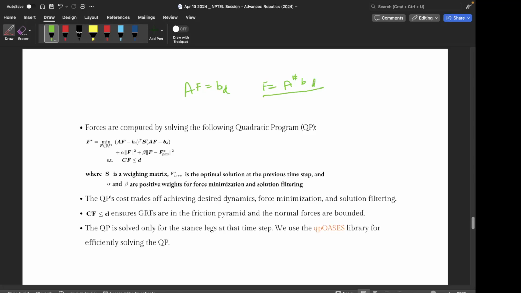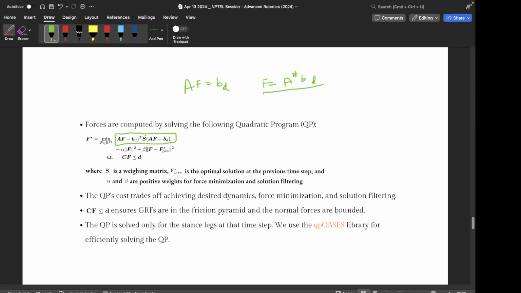This was one option, but in order to improve numerical stability and also to satisfy some additional objectives, we formulate it as a least square problem, a quadratic program. The first term here that you see is basically doing the same. It is trying to drive AF as close as possible to BD.